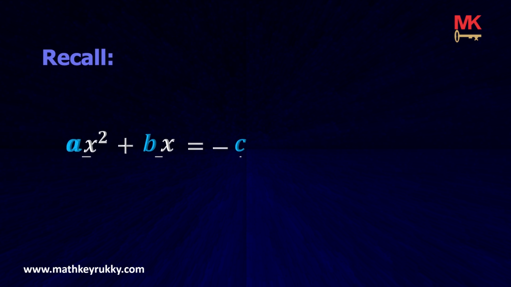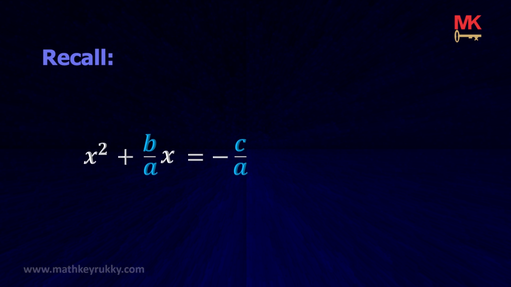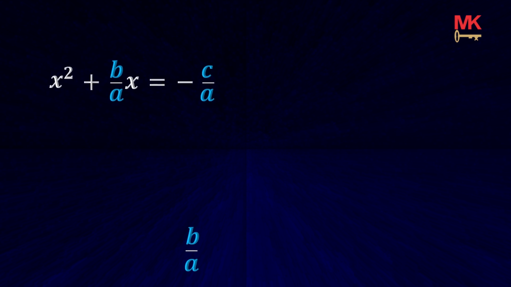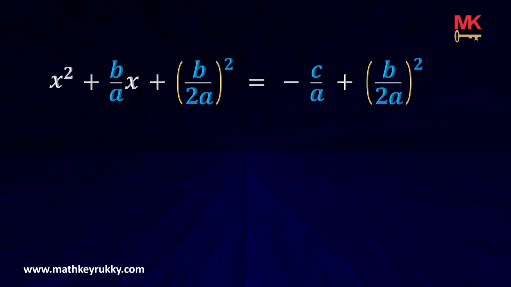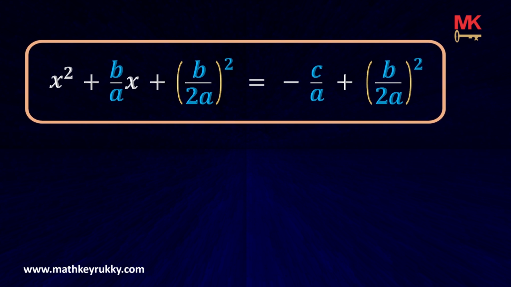If not, divide through the entire equation by a so that the equation takes this form. After step 2, identify the coefficient of x in the equation. Get half of this coefficient, take the square, then add this result to both sides of the equation. Having done these three simple things, we simplify the resulting equation.